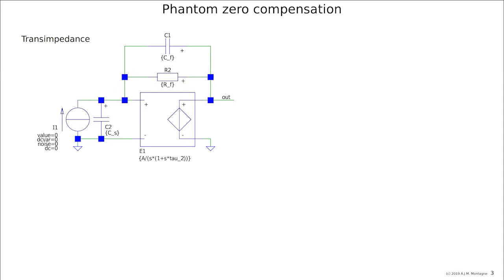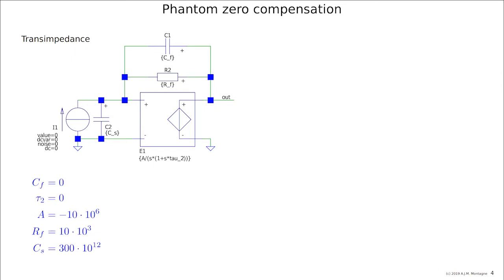And the controller has been given a pole in the origin and optionally a second pole that we can play with later on. So we start with having no feedback capacitance. The feedback capacitance is intended for phantom zero compensation, and also this second pole in the controller, we put it to infinity.